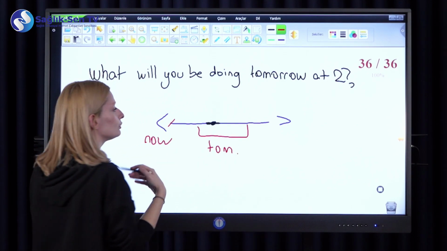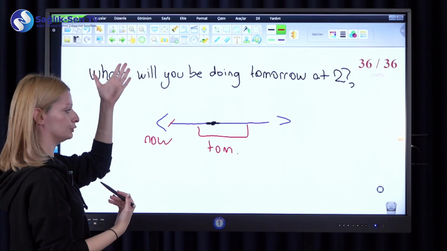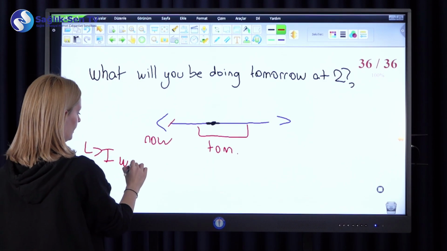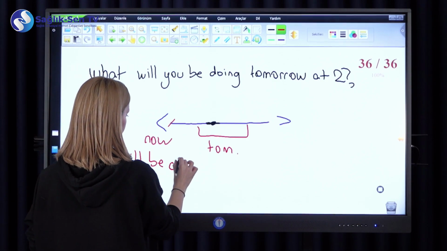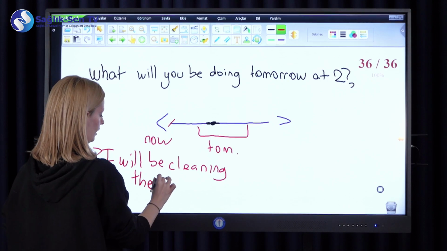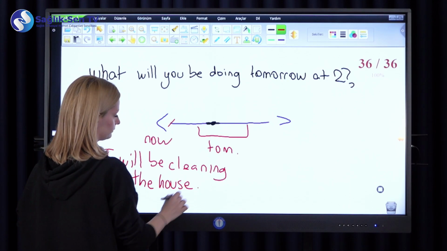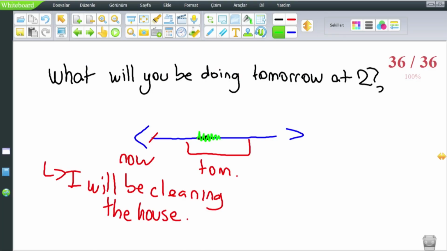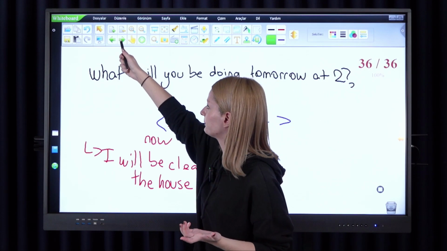We want to learn what you are doing. I can say, I will be cleaning the house. It will take a long time, a long action to do that, so we are again talking about progressive in future.